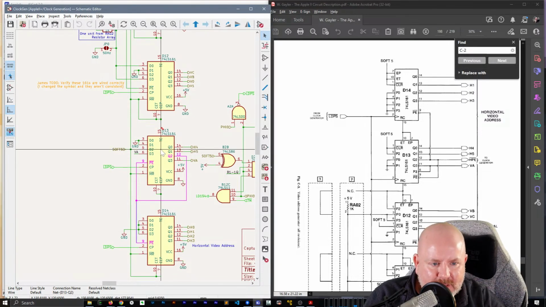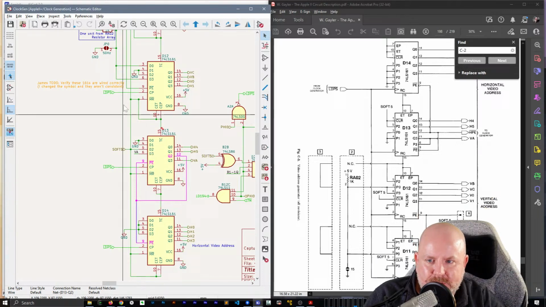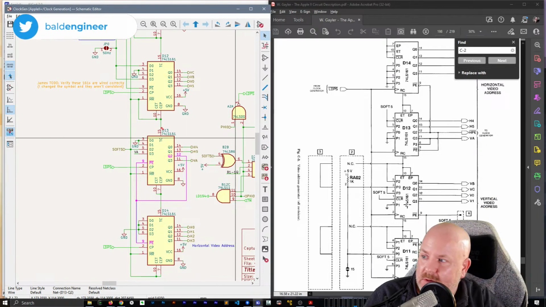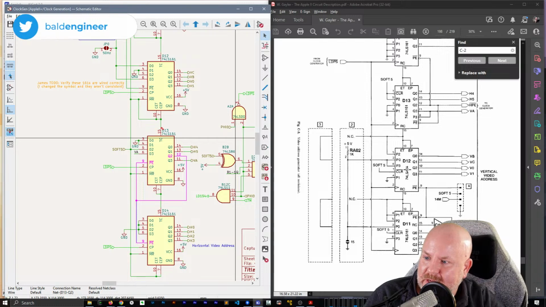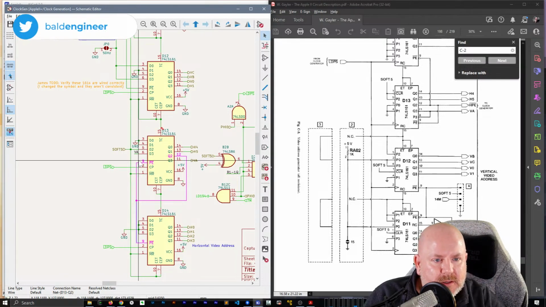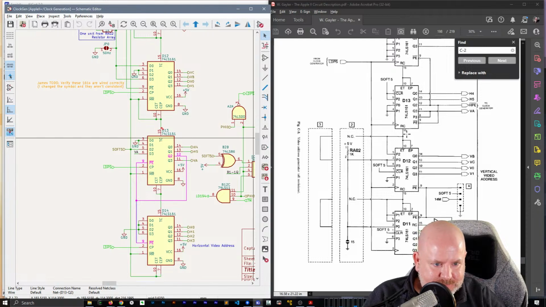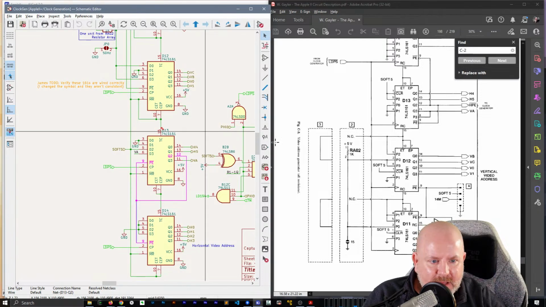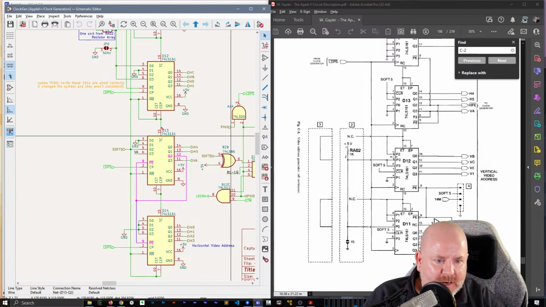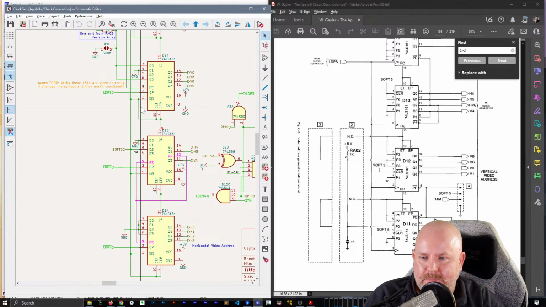So then on 13, so between 13 and 12, right? Make sure my head's not in the way. 13 connects to 10 and 7. And then they connect to pin 5, not pin 1.